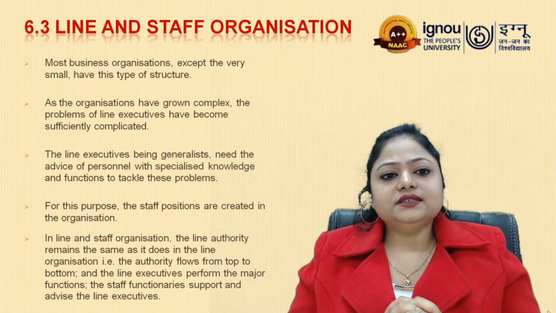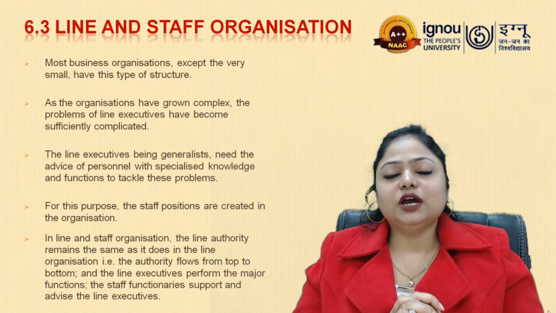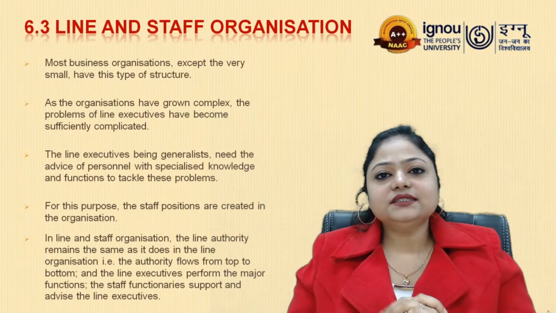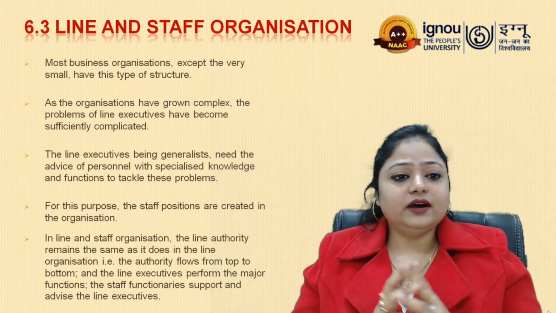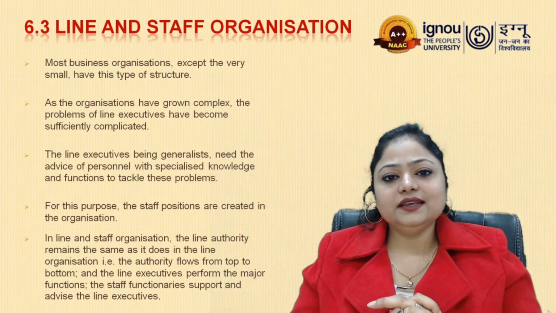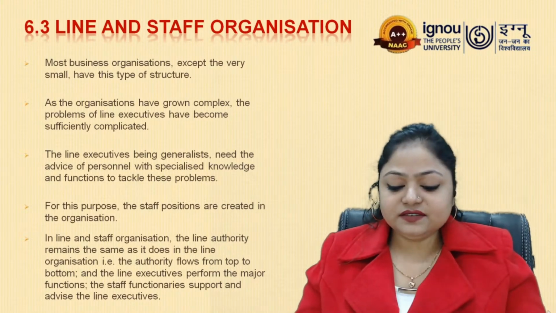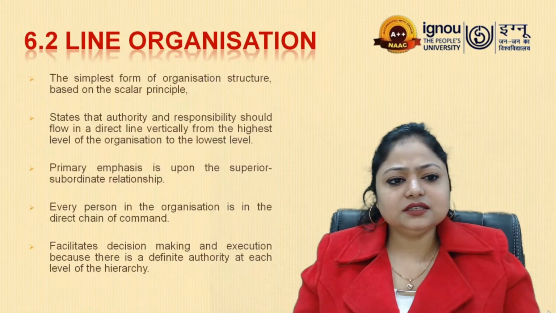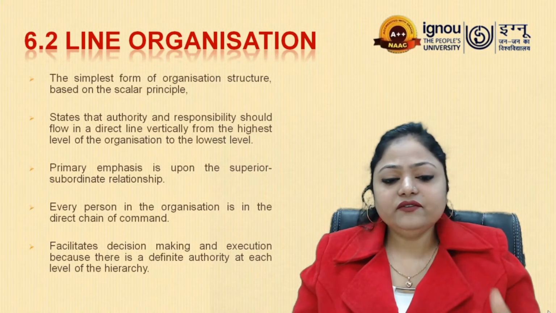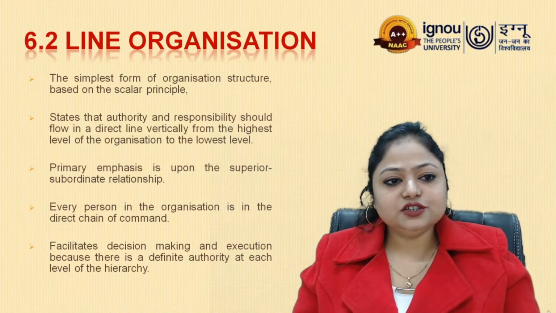Most business operations, except very small ones, have this type of structure. As organizations have grown more complex due to environmental complexities, the problems of line executives have become sufficiently complicated. As we see, the line structure is a very simple format where everybody knows whom to report to, and this is the basic organizational structure.